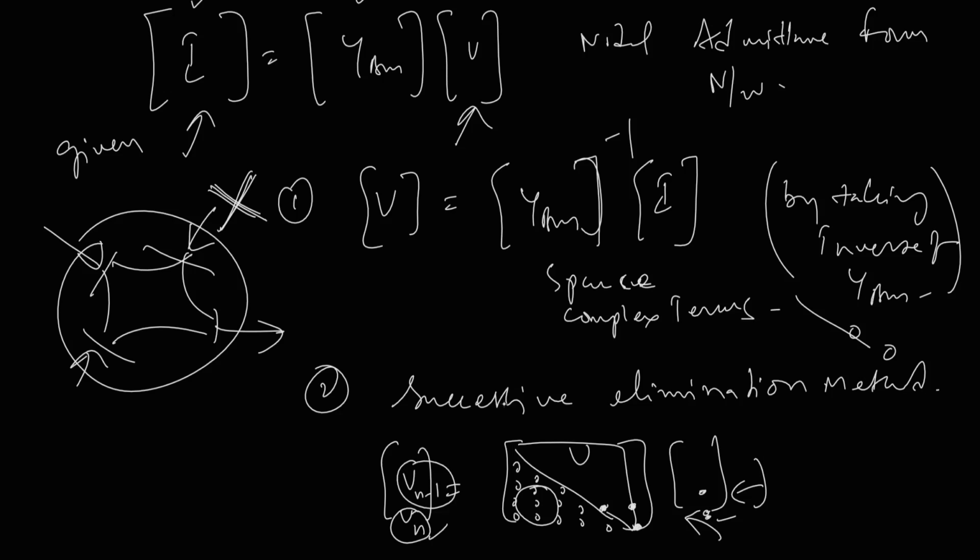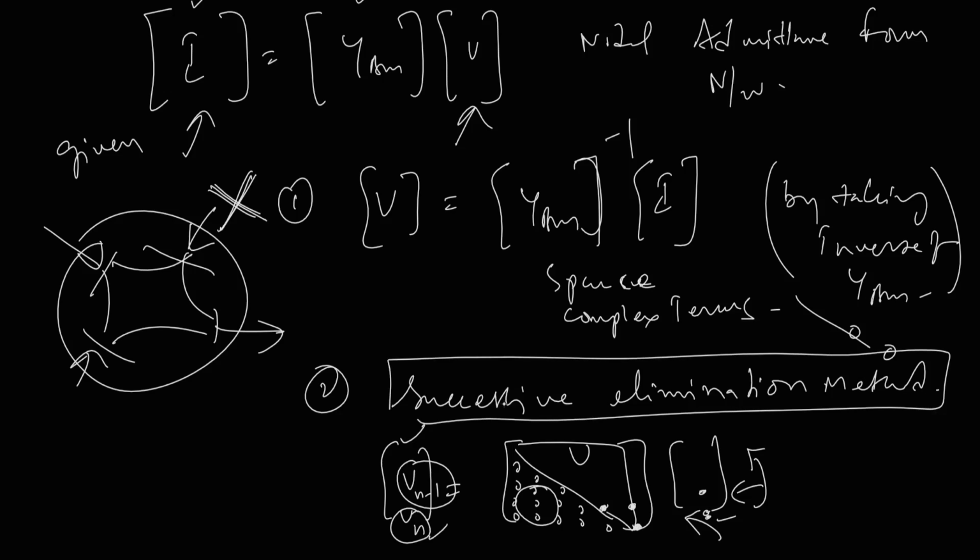So by successive substitution, you can find out the complete vector up to V1. Now this is the successive elimination method to make the lower triangle 0, and you can find out the solution of the network bus voltages.